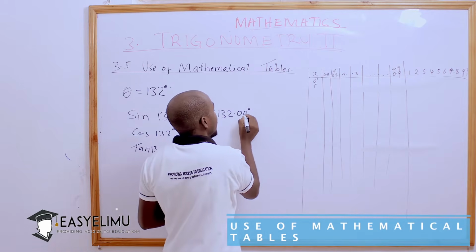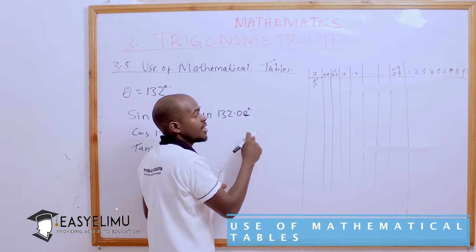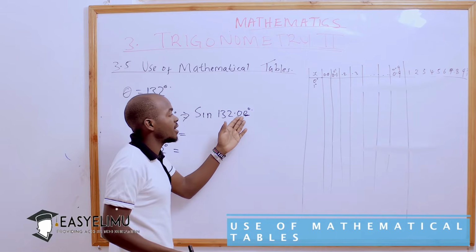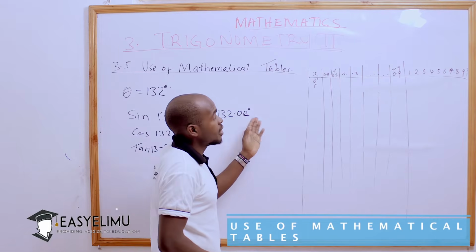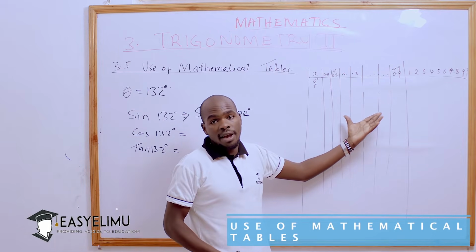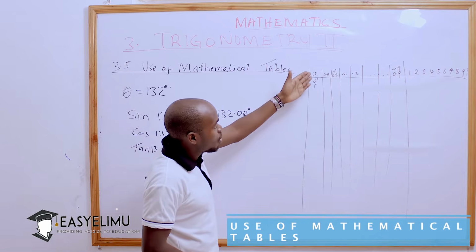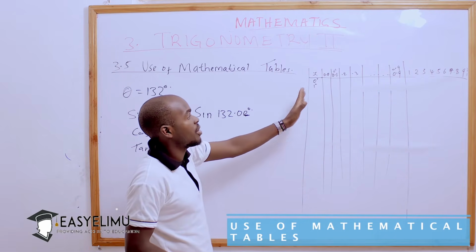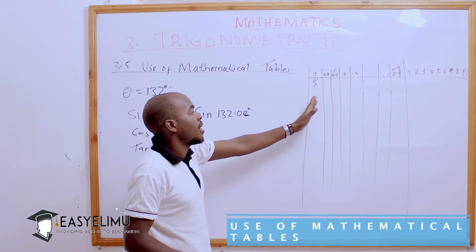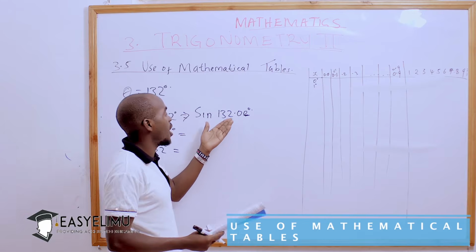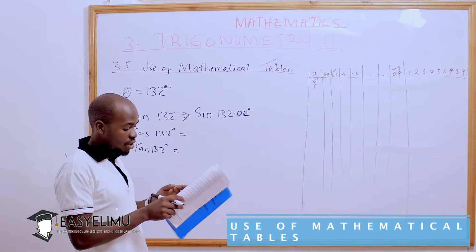So the last digit simplifies the last part, and the first digit after the decimal point simplifies this part here. The first column, which is on the X, or it may be empty, is written in degrees, like 132 and so on.